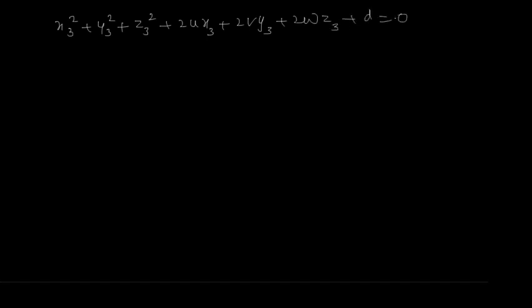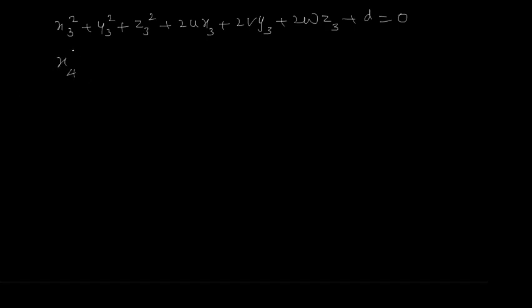Then similarly we obtain the third equation, x3 square plus y3 square plus z3 square plus 2ux3 plus 2vy3 plus 2wz3 plus d is equal to 0.